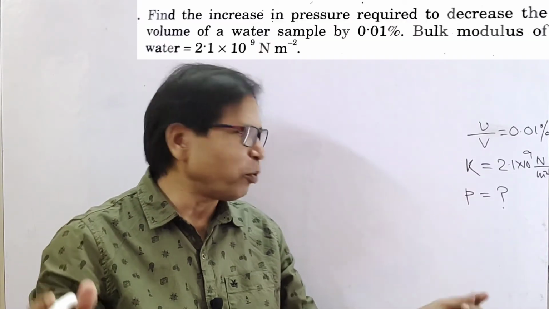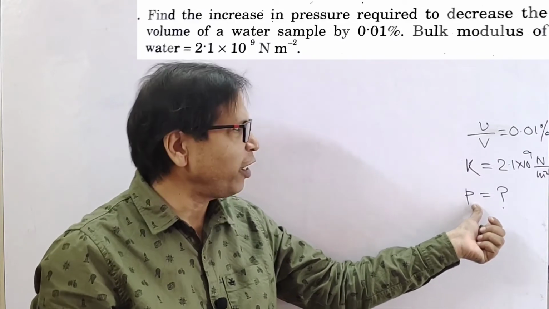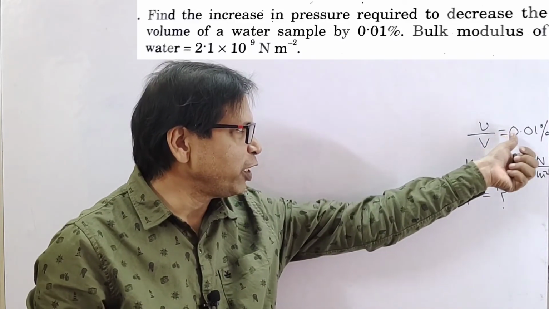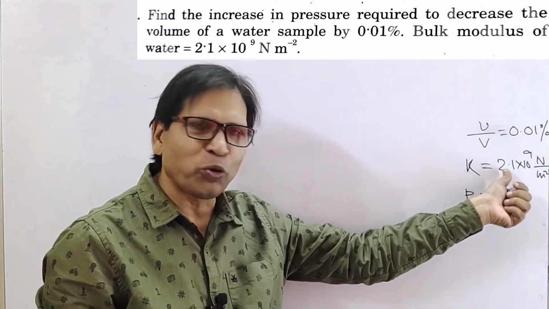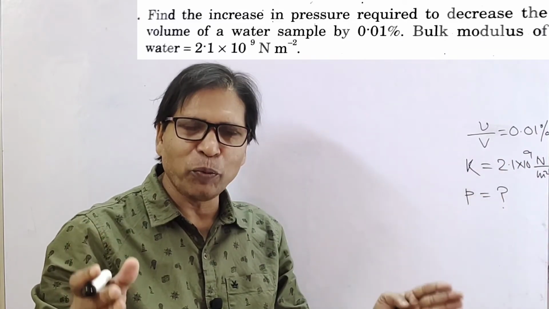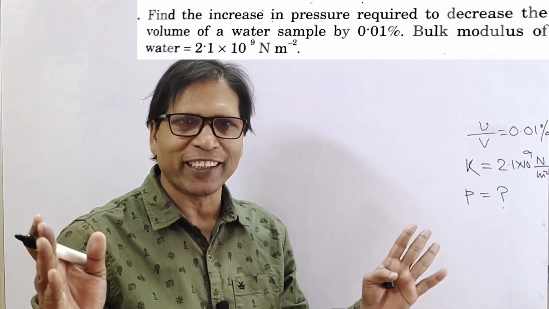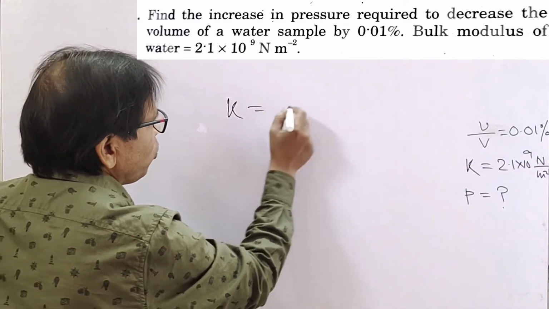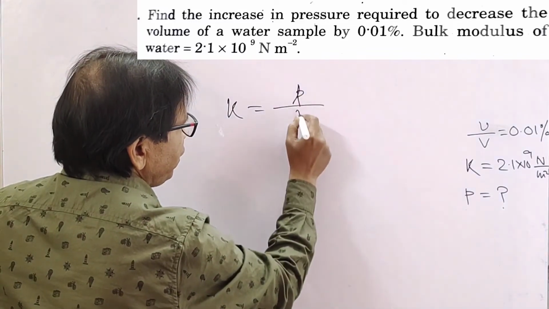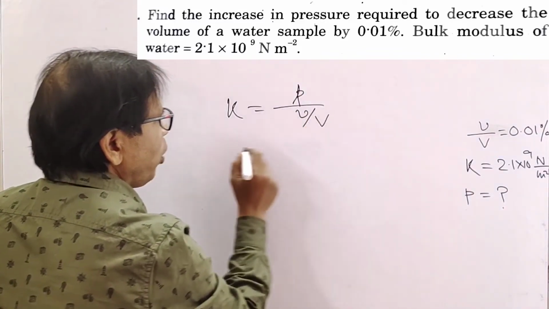Now we have to calculate the increase of pressure to change the volume by 0.01%. Bulk modulus is equal to 2.1 into 10 to the power 9 Newton per meter square. We know K is equal to P divided by change of volume by original volume.